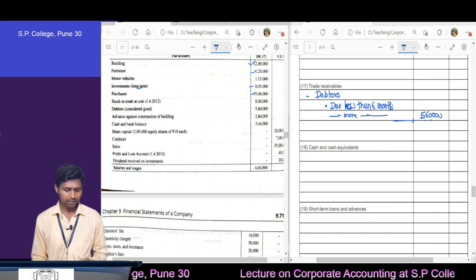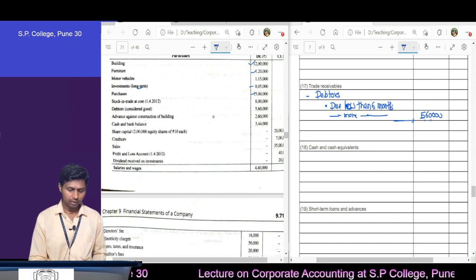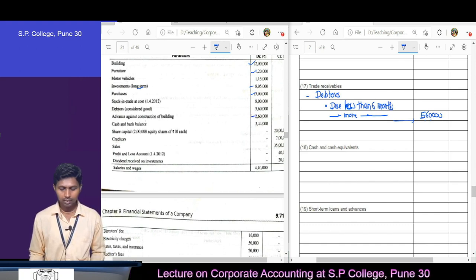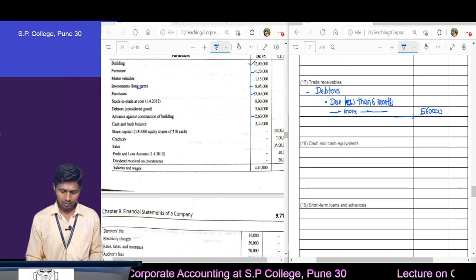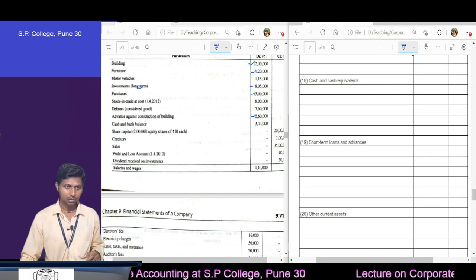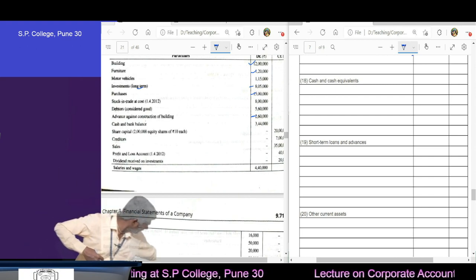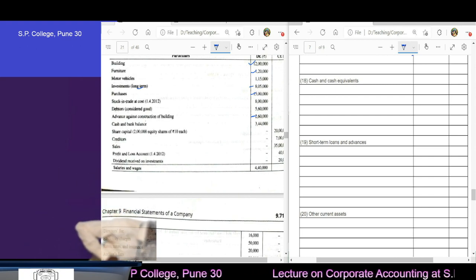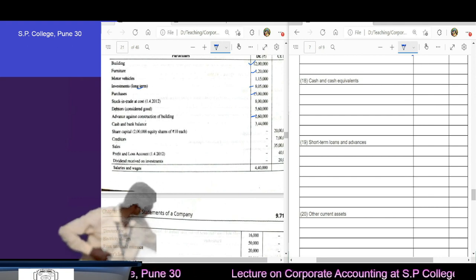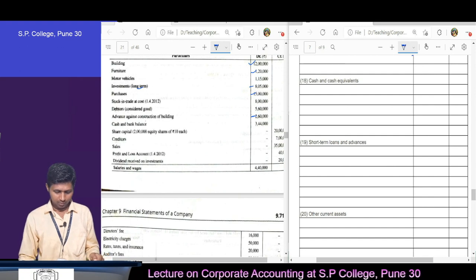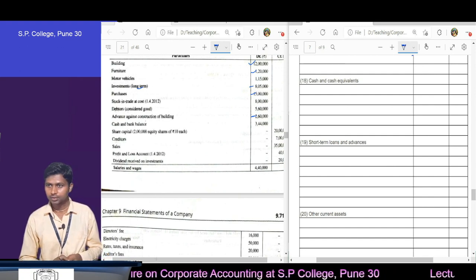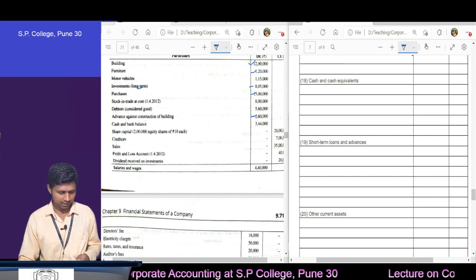After debtors, then advance against construction of a building, given in which column? Given in the debit column. That means asset. Inventory, cash, not possible. Okay, now debtors, as I said, that is over.